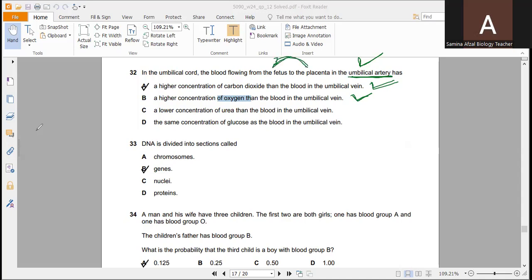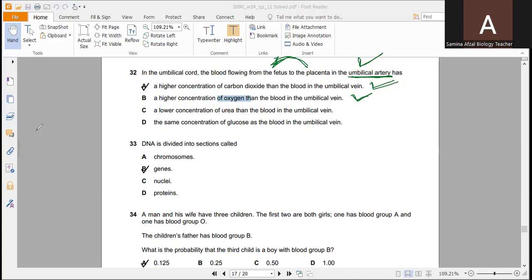So it is taking the waste from the fetus to the placenta because the waste products are excreted out by the mother, and oxygen is taken by the mother to the fetus.